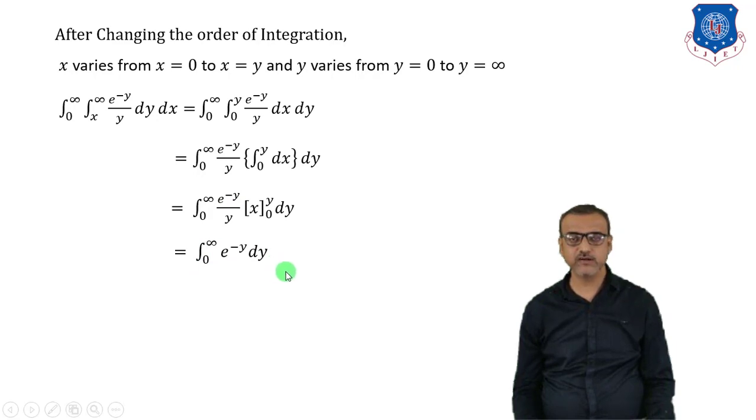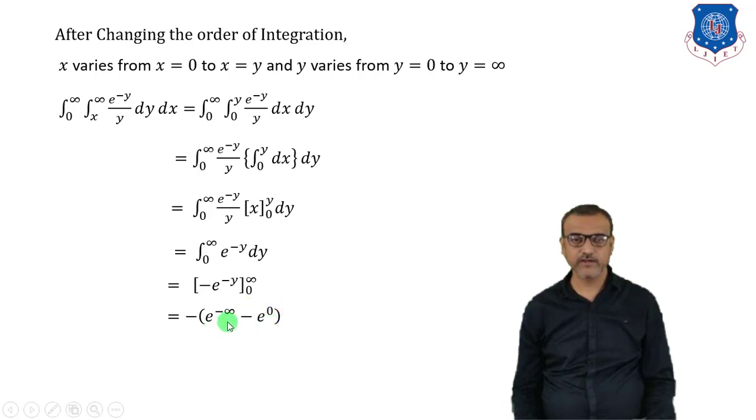Now the integration of e raised to x is e raised to x, but the integration of e raised to minus x is minus e raised to minus x. So the integration of e raised to minus y is minus e raised to minus y, with limits from 0 to infinity. Now we put the upper limit infinity and lower limit 0. The minus sign stays outside: e raised to minus infinity minus e raised to 0.